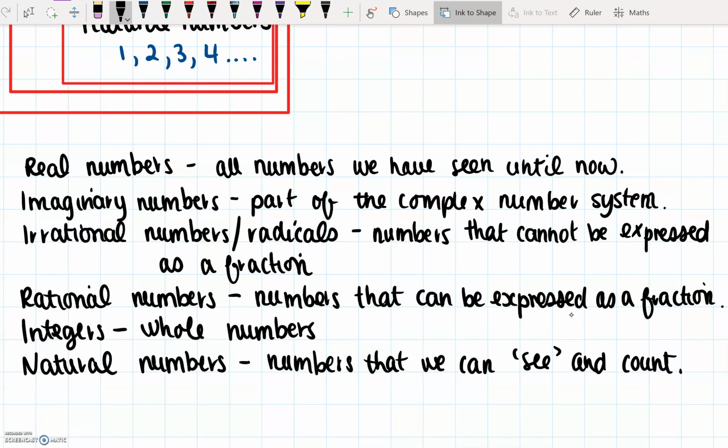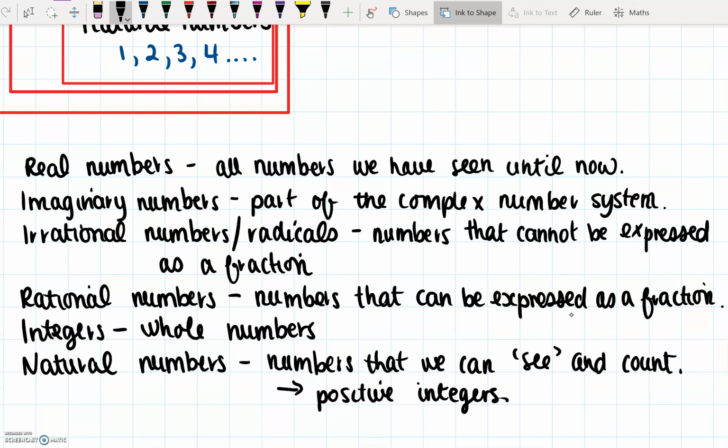So for example, 1, 2, 3, 4, etc. So this basically means positive integers. And this is our number system.